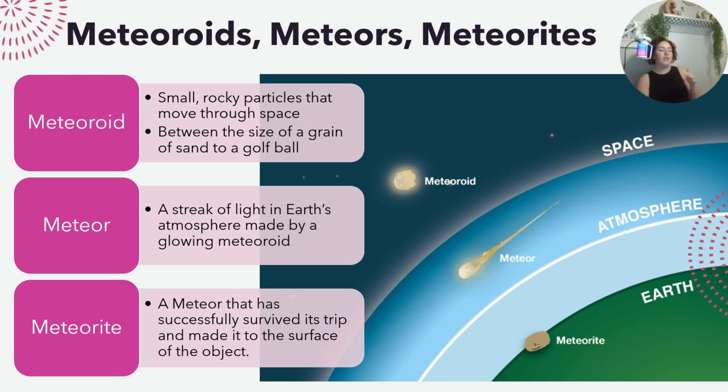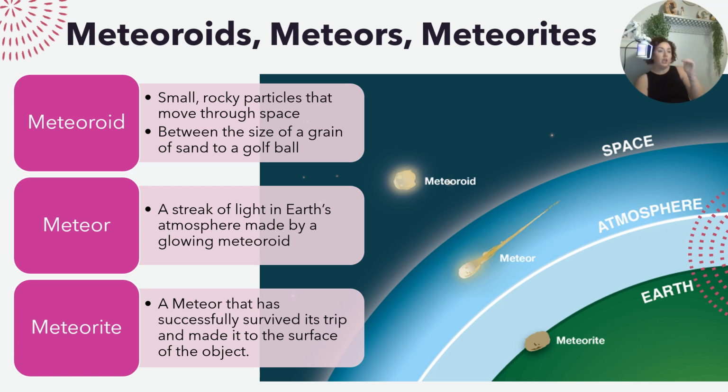Okay, we can see meteors as a streak of light that comes across our night sky. They're made up of glowing meteoroids. So it's essentially, again, similar to a comet, where it's coming into our atmosphere, so we start to burn off all of the ice, the gases, things like that.